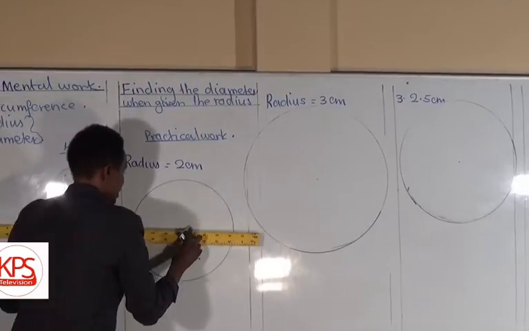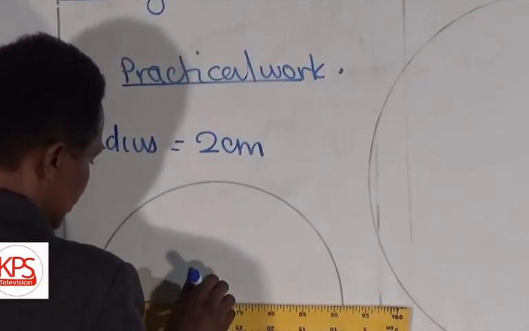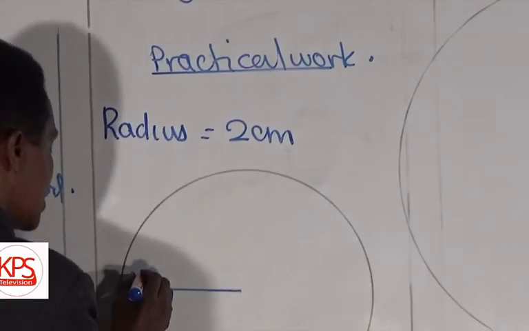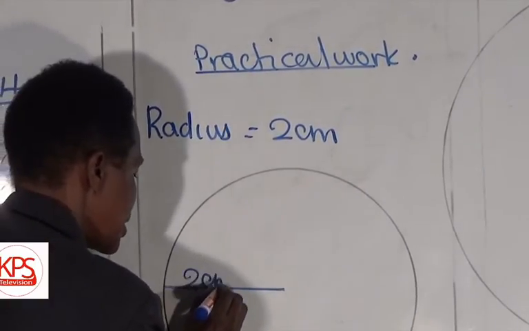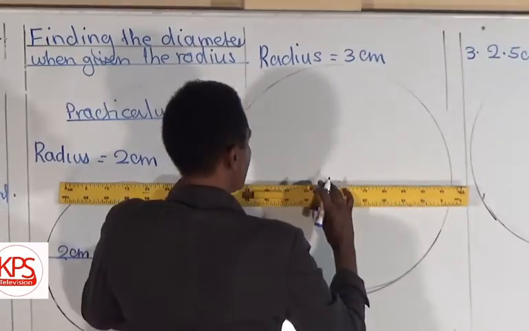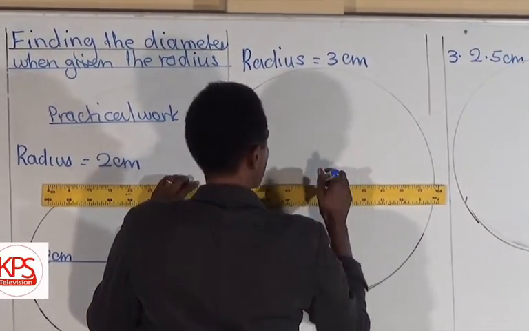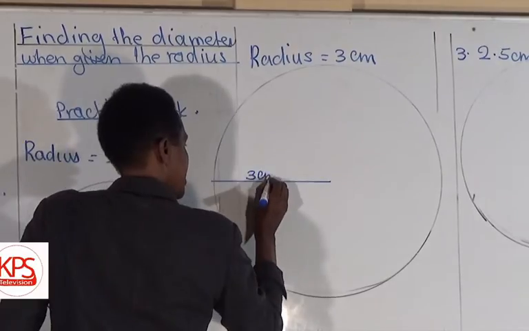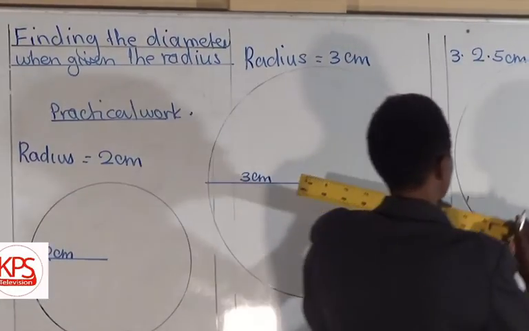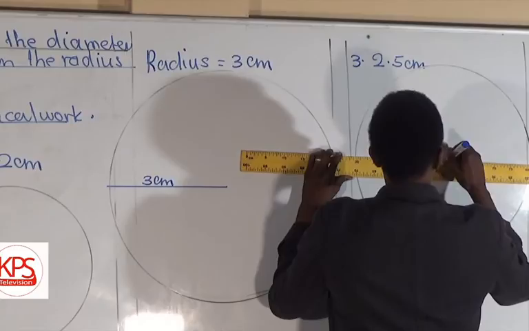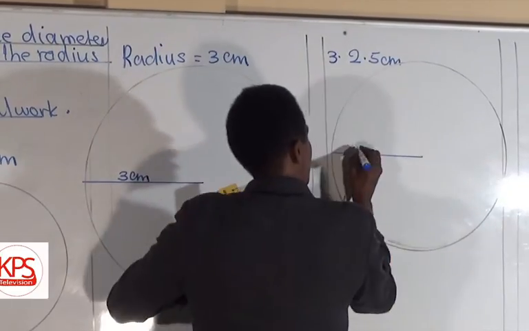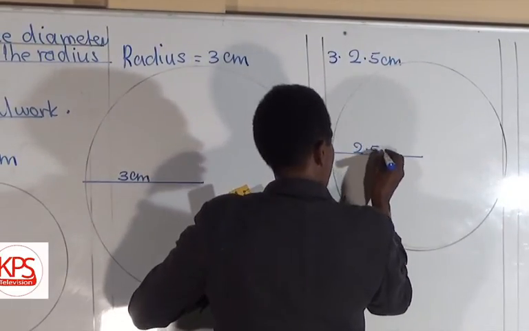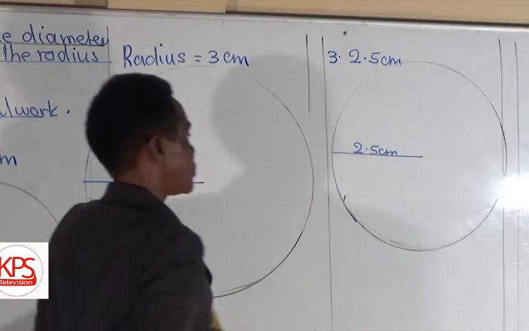I first get the radius. This one is 4 centimeters. This one is 3 centimeters. And then the last one is 2.5 centimeters.